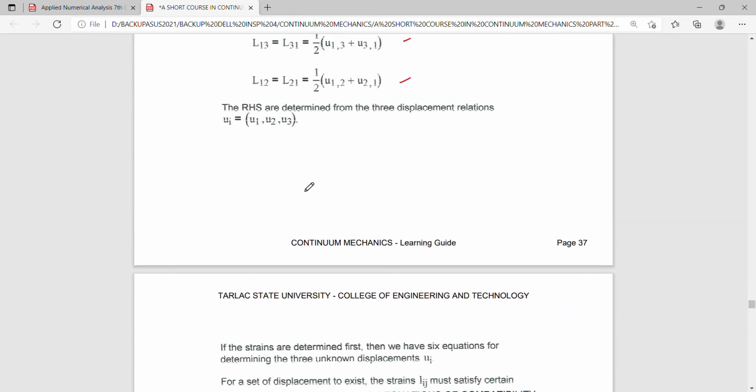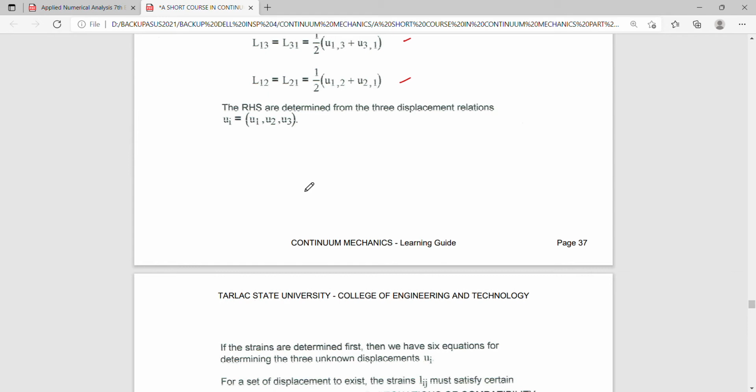But on the other hand, if the strains are determined first, then we have six equations to rely on to determine the three unknown displacements. So how is that going to be fair? No?